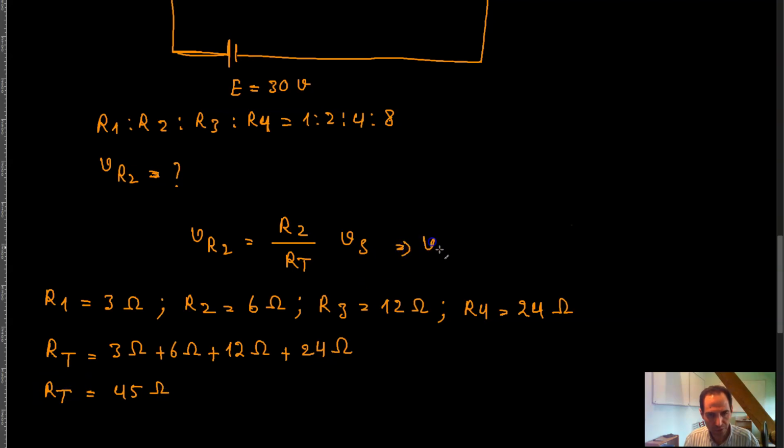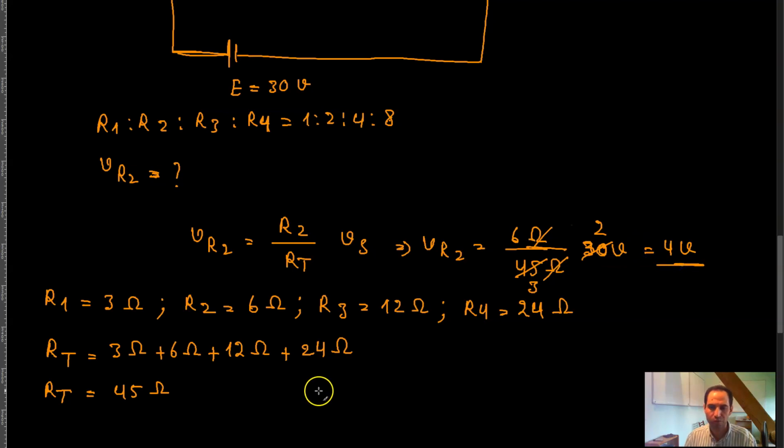And now you can say that V of R2 is equal to R2, which is 6 ohm, over 45 ohm times V of S, which is 30 volts. Cancelling out, divide by 15, you get 3, divide by 15, you get 2, and 12 divided by 3 is equal to 4 volts, the same voltage, right?